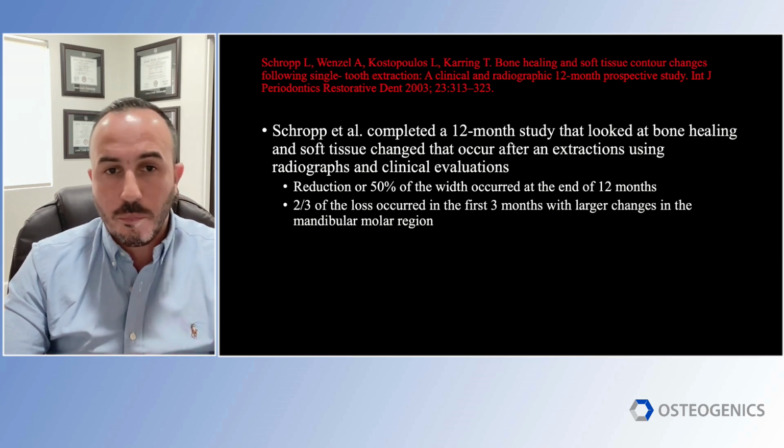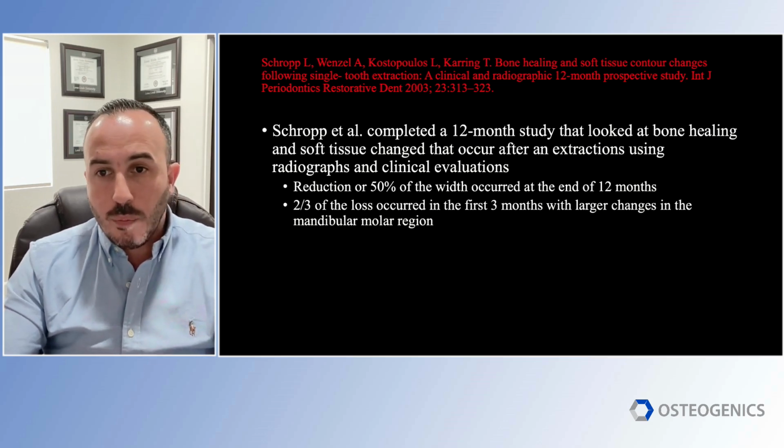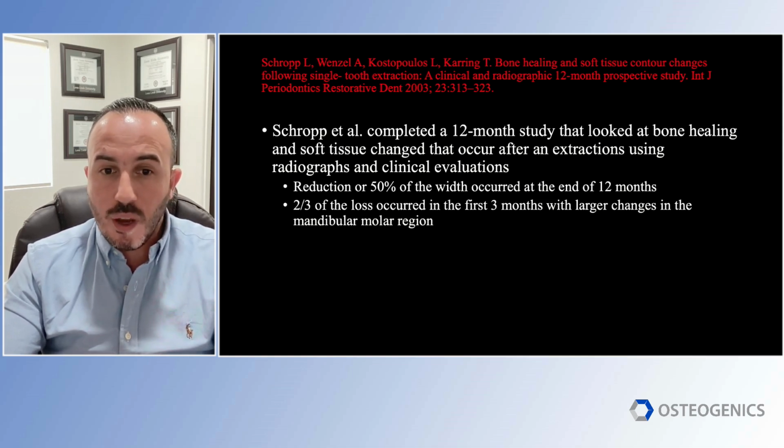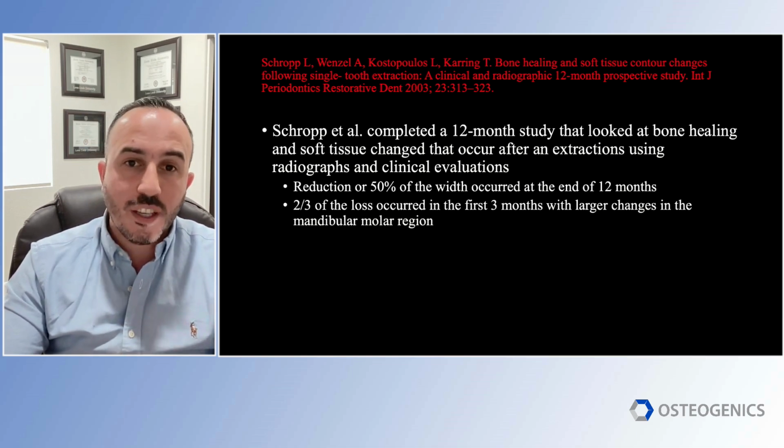Another study by Schropp and others looked at 12 months of healing, and they found that 50% of the width is lost by 12 months, and two thirds of that happens in the first 3 months. Keep in mind that's happening in the mandibular molar region. So imagine what we're going to expect in the premaxilla in the aesthetic area.